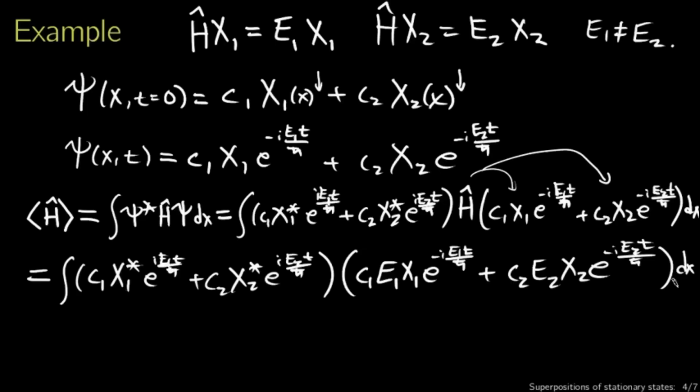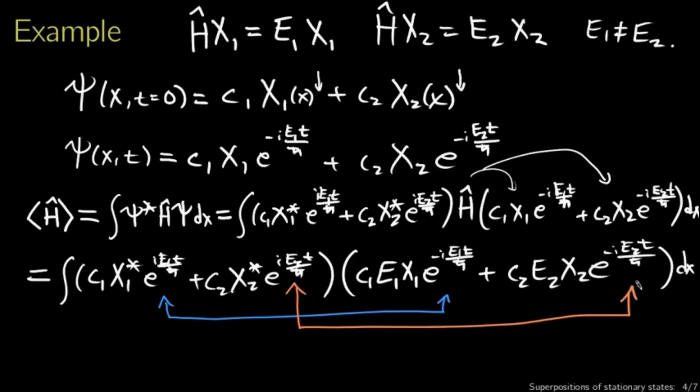Now, what do we actually get here? Well, as before, some of these terms are simpler than others. These two terms, when we expand out, distribute this expression, will end up with positive and negative e to the i e1 t, e to the minus i e1 t multiplied together is going to give us 1. The same thing is going to happen for these two terms when I multiply them together.